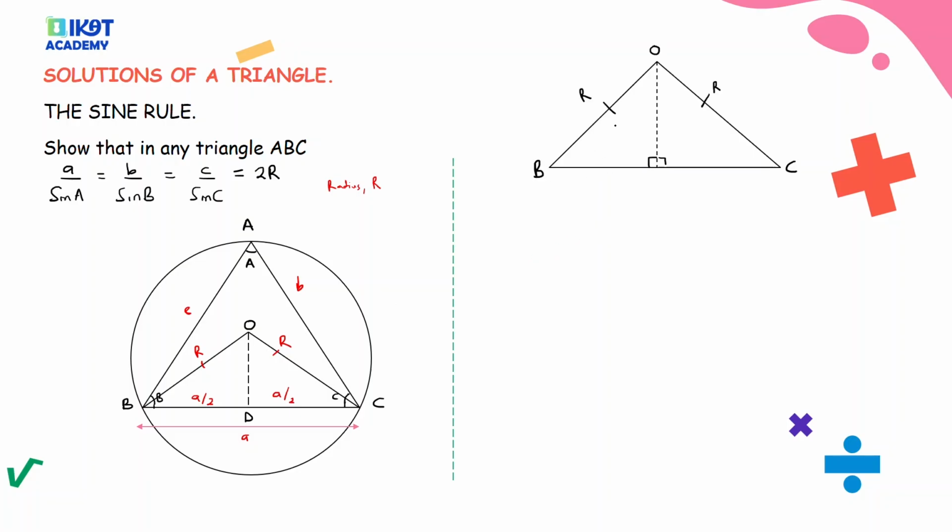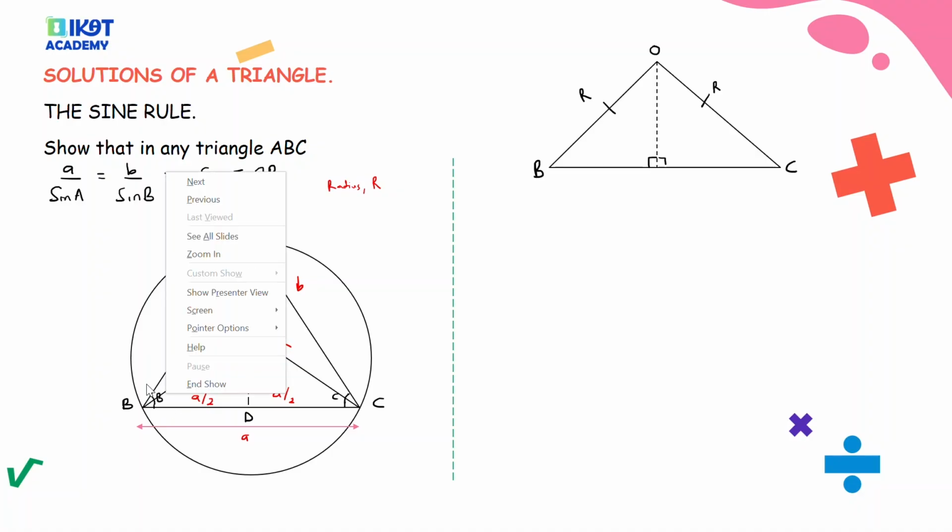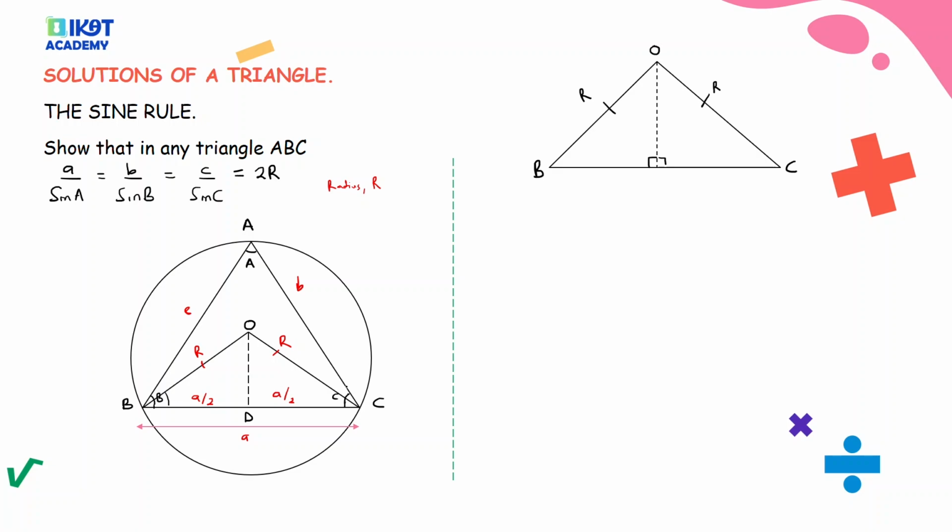Okay, now here we are. We've extracted triangle BOC, and you should know that this is not angle B and this is not angle C. Why? Because when you look at this triangle, we've just gotten out part of angle B. I hope this makes sense. This is the angle we have for B, and this is the angle we have for C. It's not the entire angle.